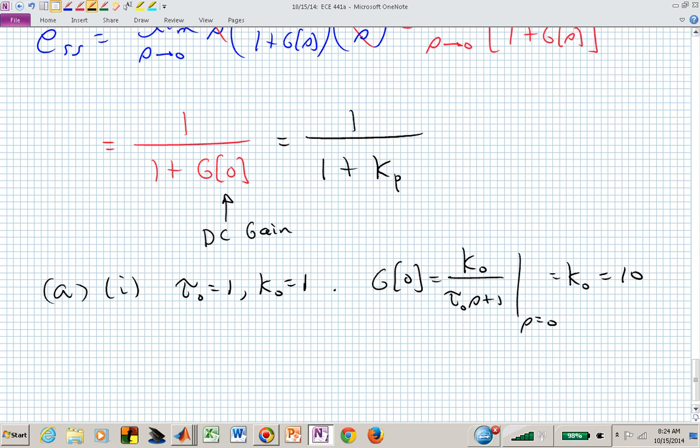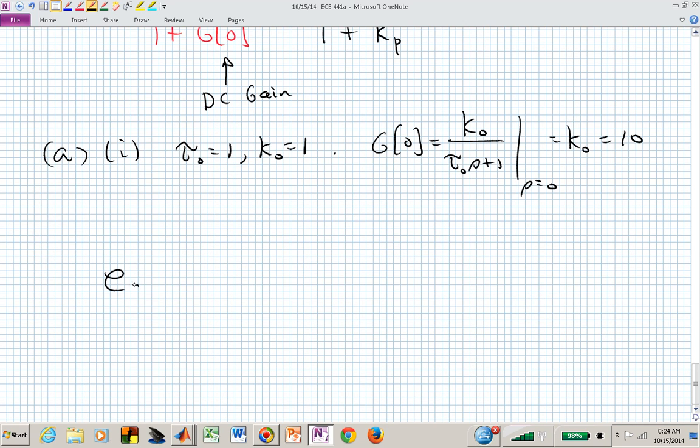Which now says that our steady state error for this particular system is 1 over 1 plus k sub p, which is 1 over 1 plus 10, or 1 over 11, which is less than 1/10, isn't it? So our steady state error should be less than 1/10.